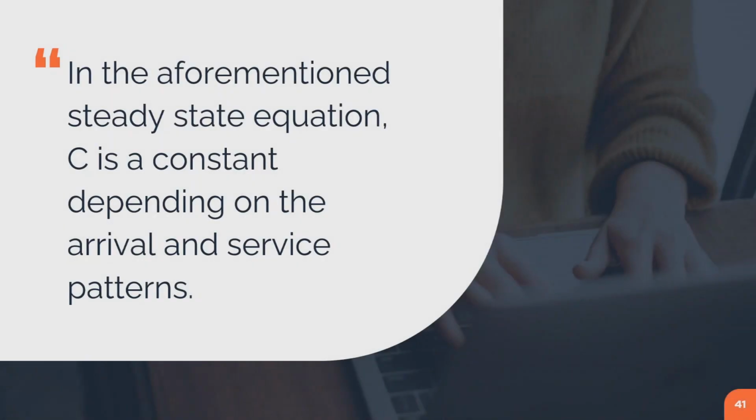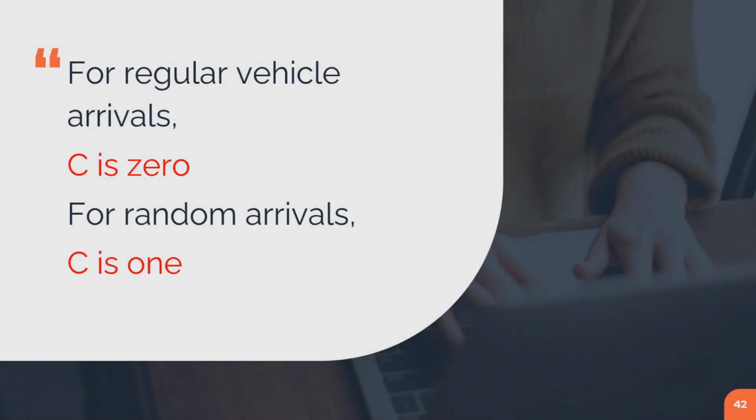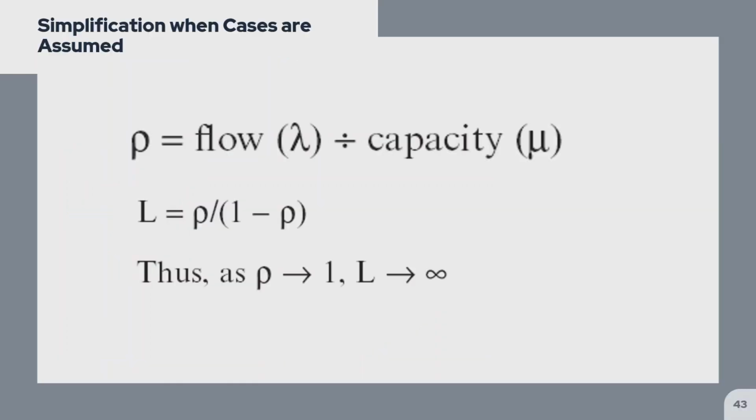In the aforementioned steady state equation, C is a constant depending on the arrival and service patterns. For regular vehicle arrivals, C is equal to 0. For random arrivals, C is 1. In the interests of simplicity, the latter case is assumed.